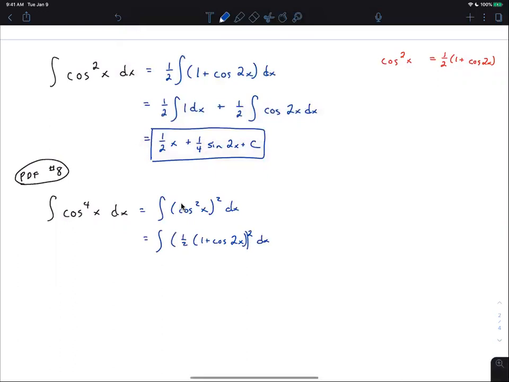And then that gets us 1/4 integral 1 plus cosine 2x squared. And I might not write all of those steps out every time, but I wanted to show you that so we can kind of see what's going on. Questions on how that's working?